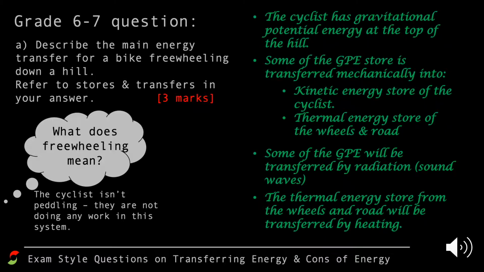So if you notice, I've used bullet points there, and it's okay to use bullet points as long as you try to link each bullet point in a logical way. So if you look at the first one, the cyclist's gravitational potential energy at the top of the hill, then the next one is there's some of this. I'm referring to that first bullet point. Some of the gravitational potential energy is mechanically transferred into, and then the next bullet point links into it, and the next bullet point links into it.